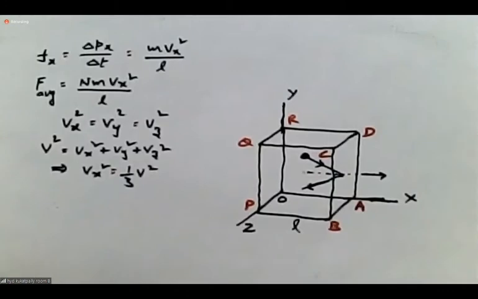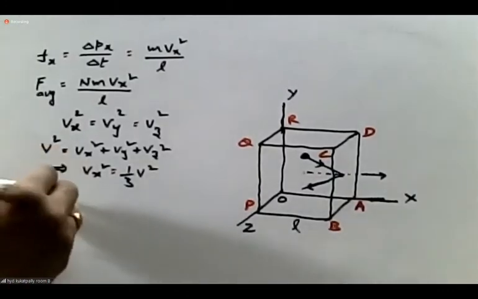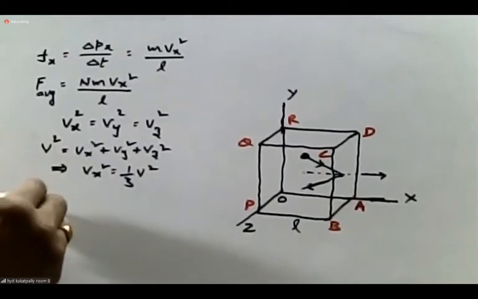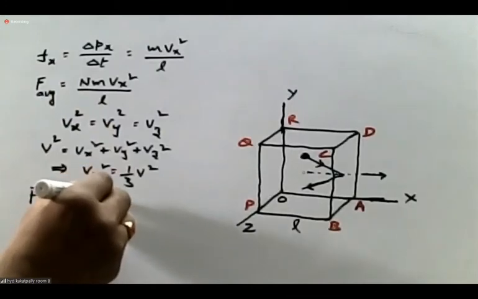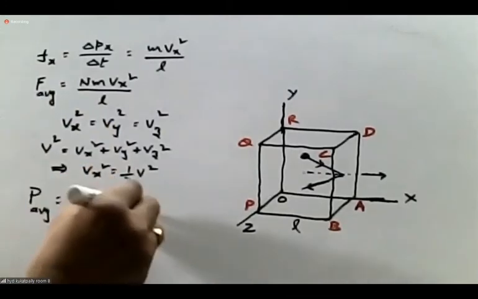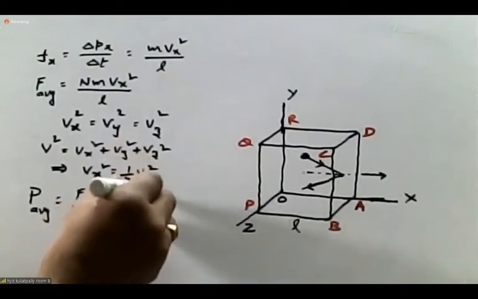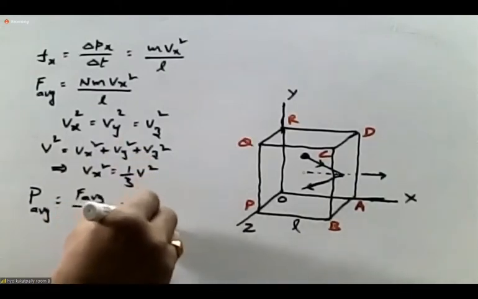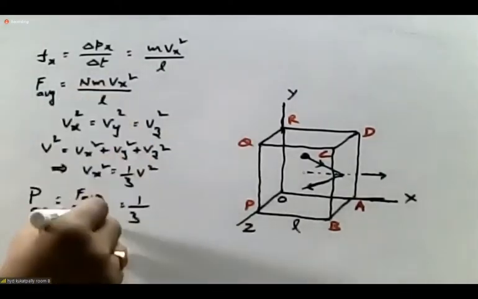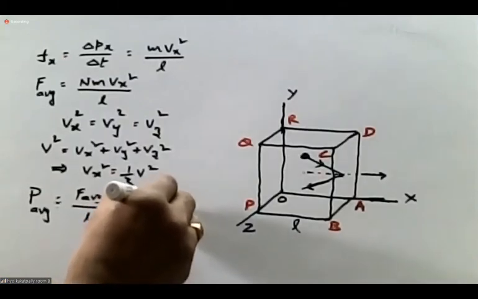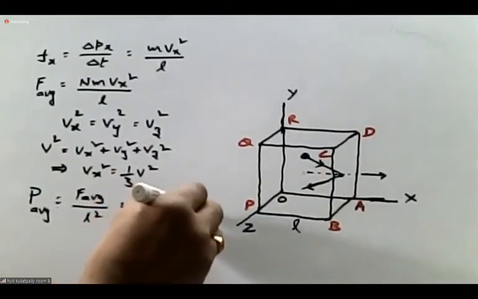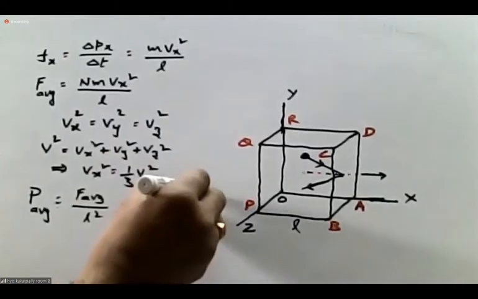Therefore, the average pressure P is equal to average force by area, L square being the face area. So this will be 1 by 3, L square with L becomes L cube, N m V square.